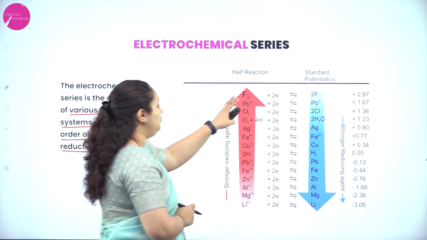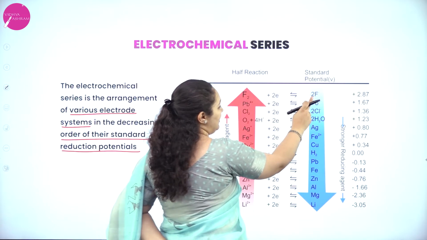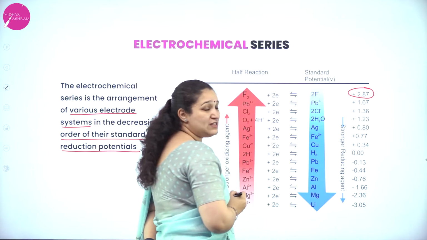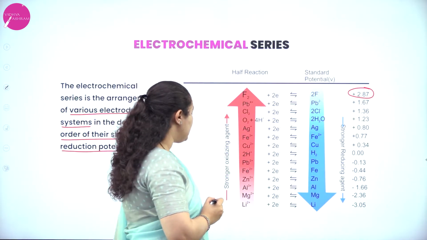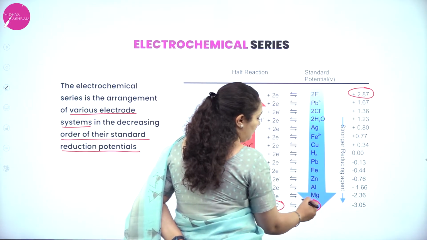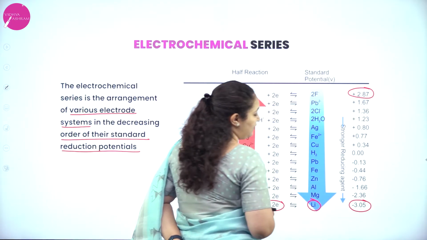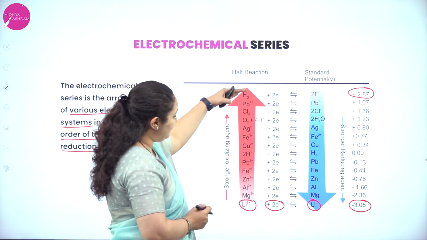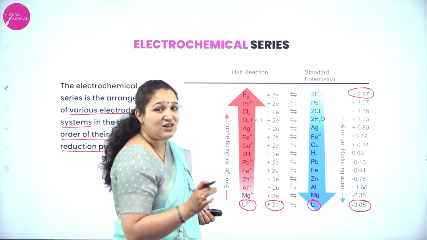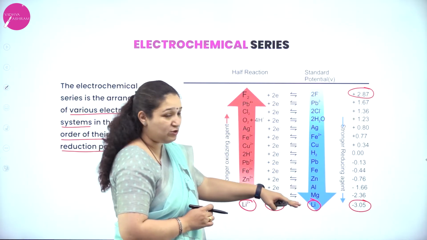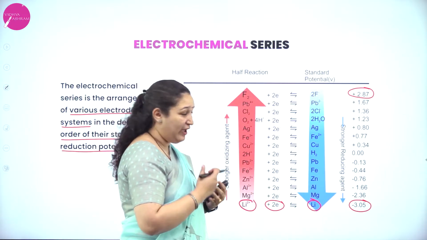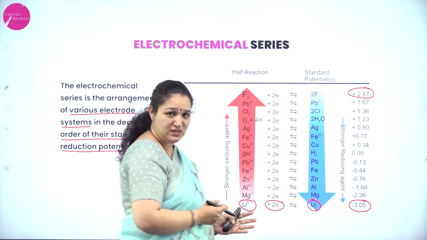Here you can see fluorine F2 accepting 2 electrons to become fluoride has a positive reduction potential, that is plus 2.87, whereas lithium ion accepting electrons, undergoing reduction to form lithium metal, has a negative reduction potential. So it is arranged in decreasing order of reduction potential from a positive value to a negative value. And you can see all the reactions here are reduction reactions. Everything is accepting electrons, isn't it?